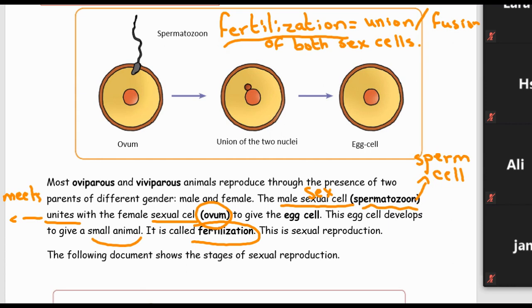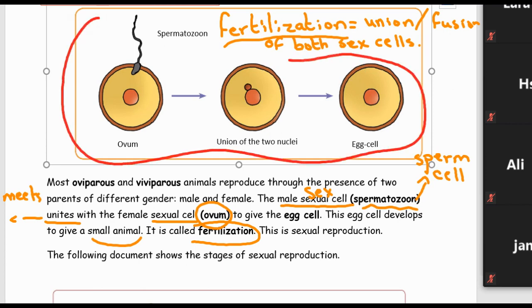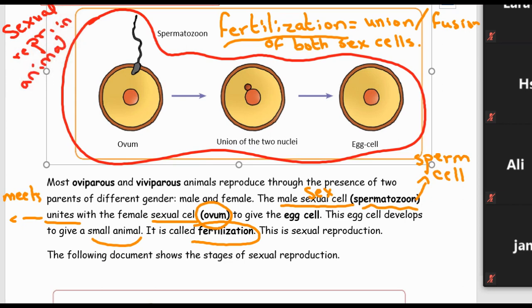This diagram or chart shows sexual reproduction in animals. So the animals must unite to produce new offspring.